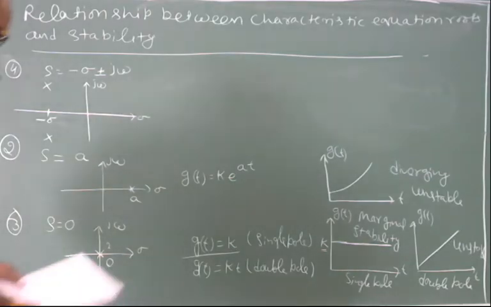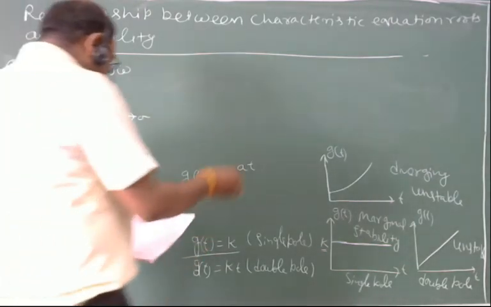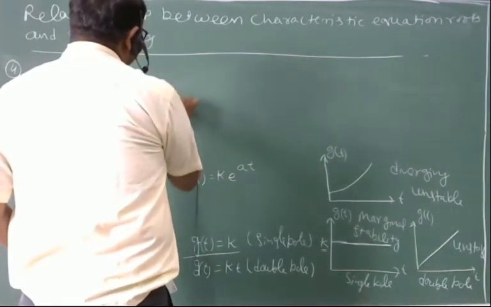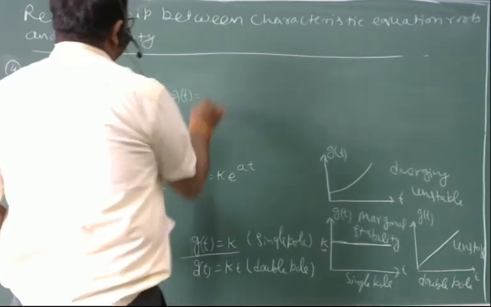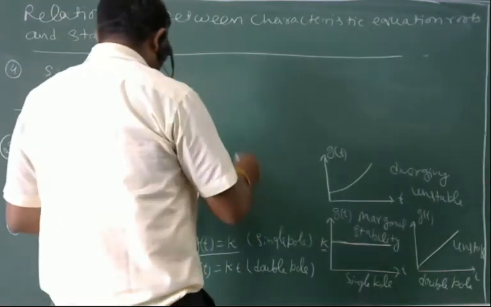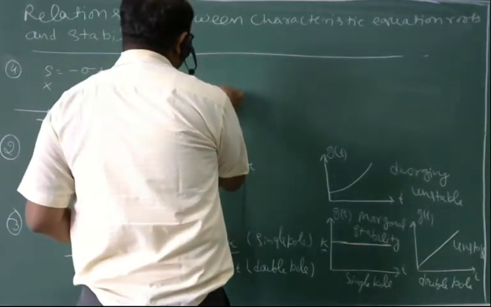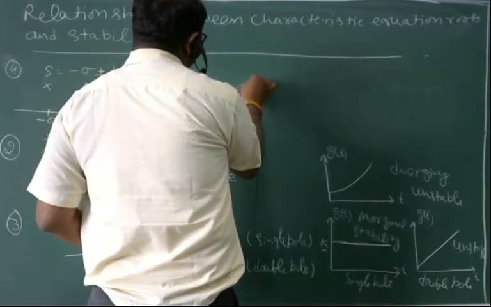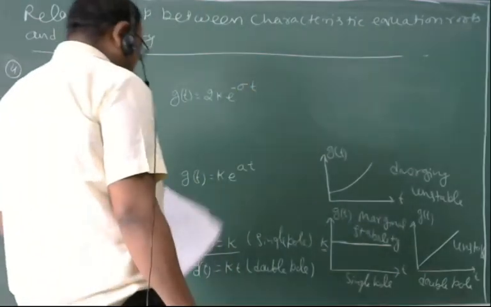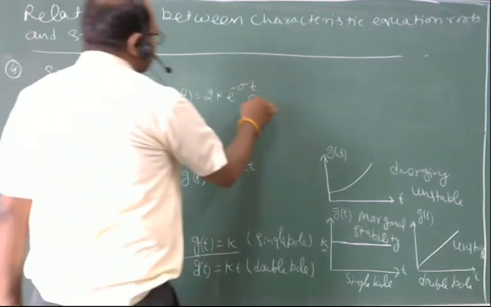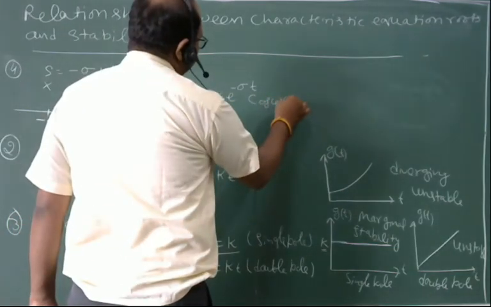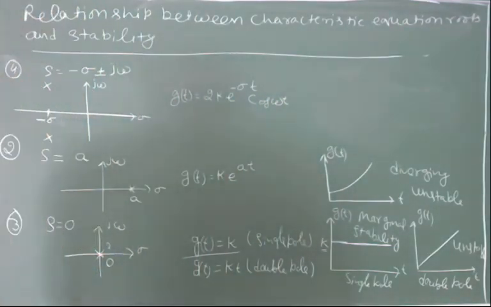In this case, g(t) becomes 2k e raised to minus sigma t cos omega t.